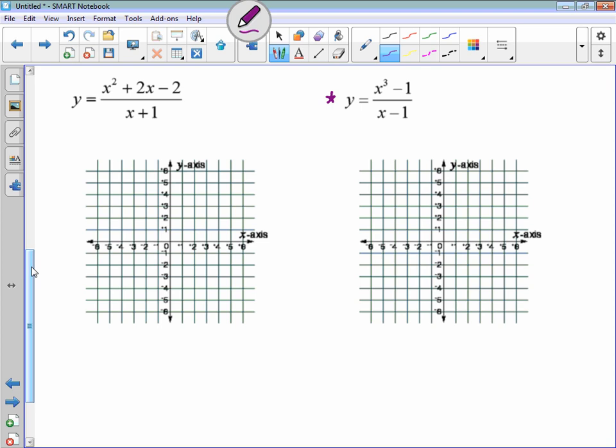So what does x cubed minus 1 factor into? x minus 1, and then x squared plus x plus 1. You knew that, right?